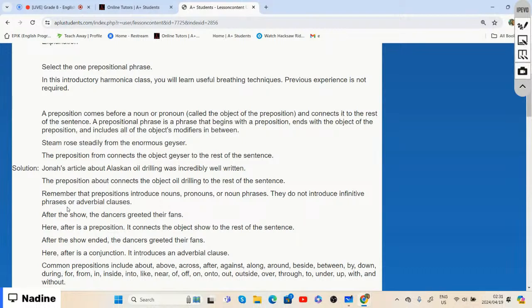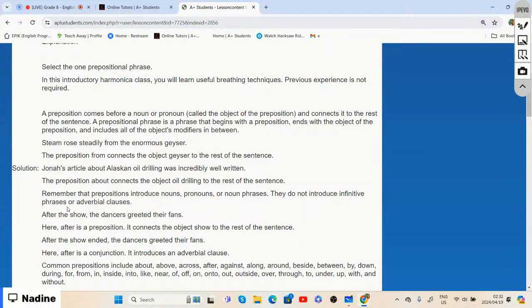So we must remember that prepositions introduce nouns, pronouns, and noun phrases, and they do not introduce infinitive phrases or adverbial clauses.